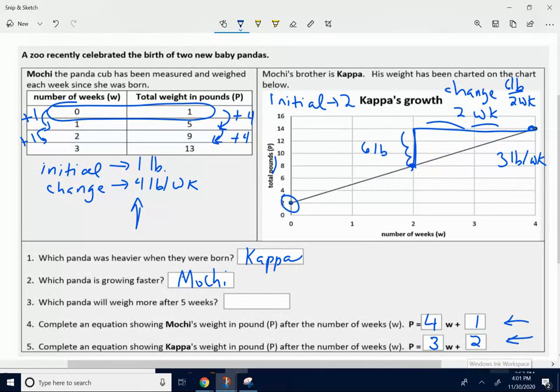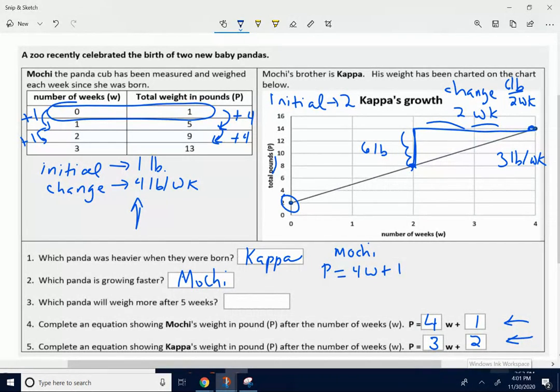Now let's look at question 3. Which panda weighs more after 5 weeks? So for Moki, here's a trick. P equals 4W plus 1. W stands for weeks.